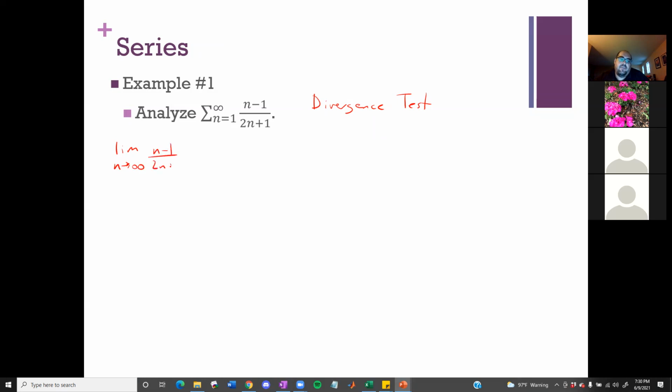Right, so the limit of the sequence itself, right? So what is this limit? One half. Yeah, this limit is 1/2. And I'll go ahead and do one manipulation to this: 1 minus 1 over n, over 2 plus 1 over n, which is equal to 1/2.